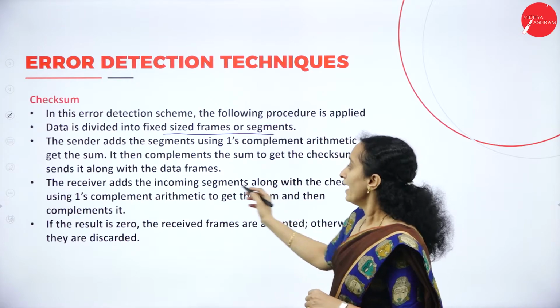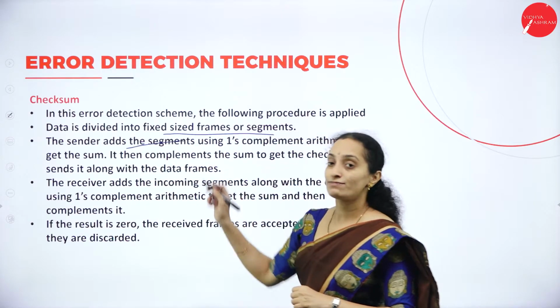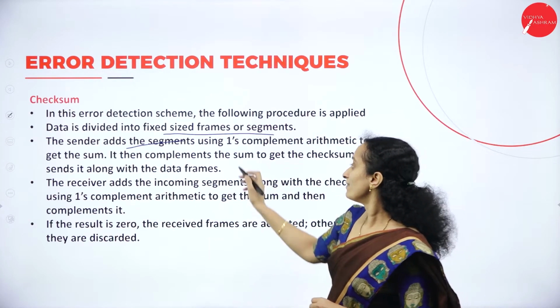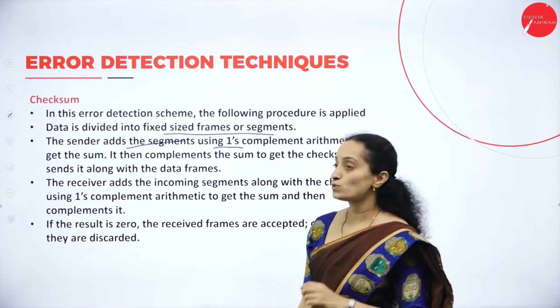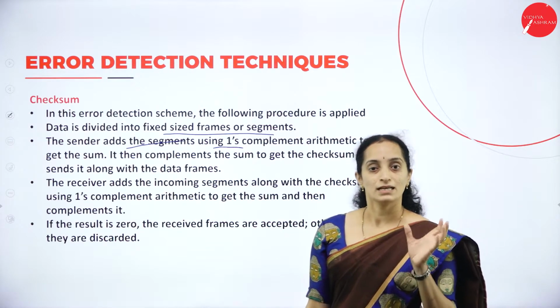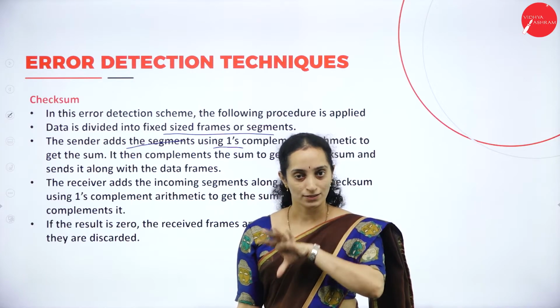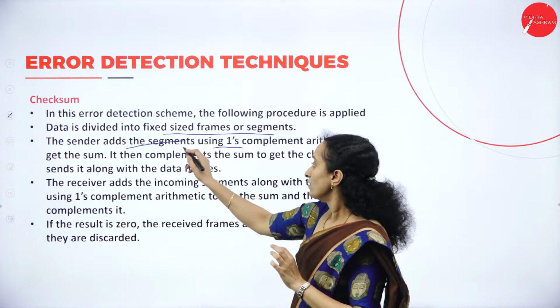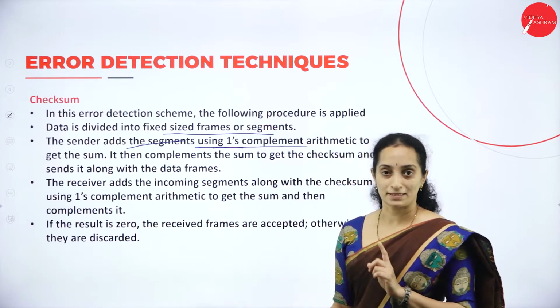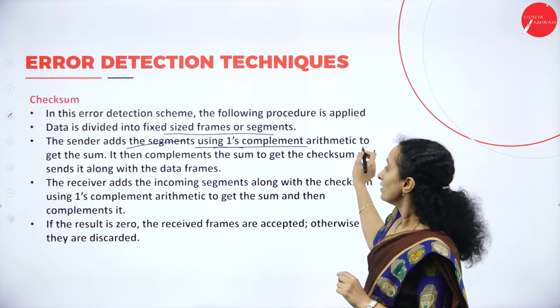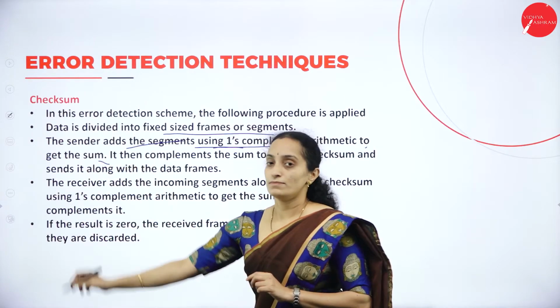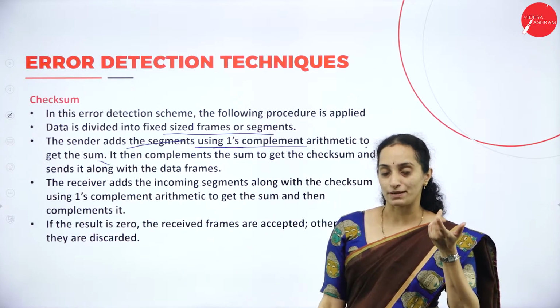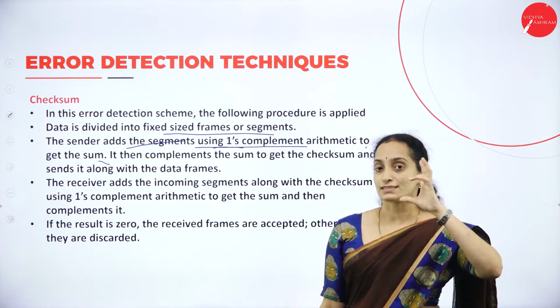Okay. And what the sender will do is, he will add the segments using ones complement. He will add all the digits in the frame using the ones complement method to get the sum. Okay, it will generate a ones complement and it will make the sum of that.